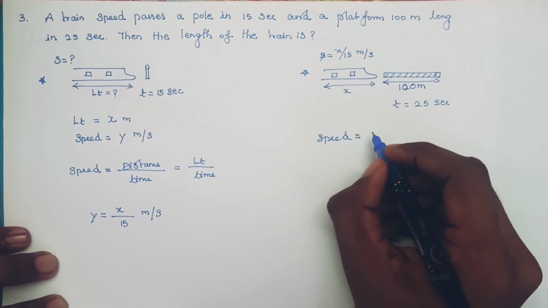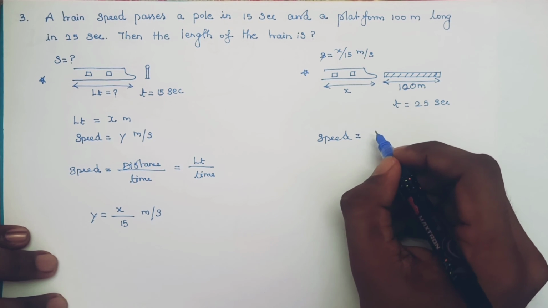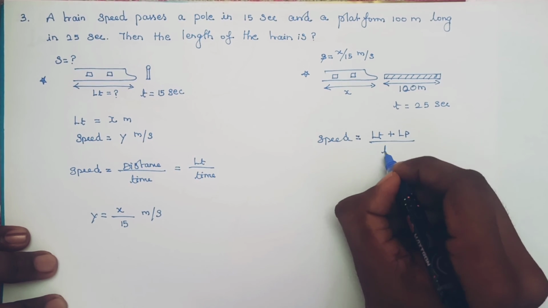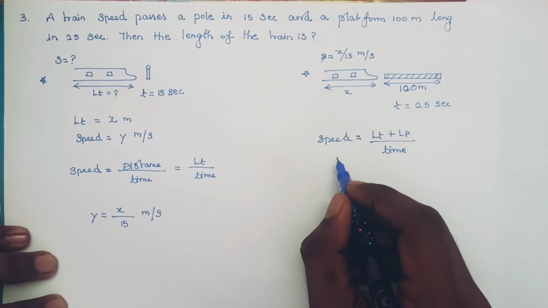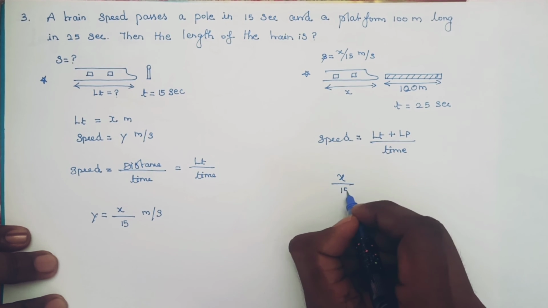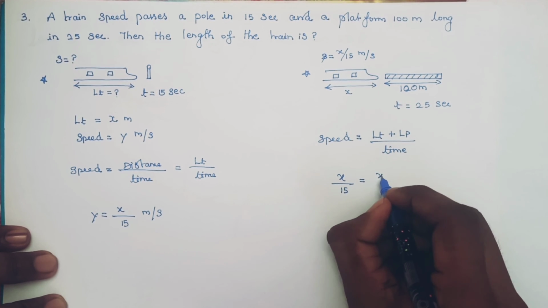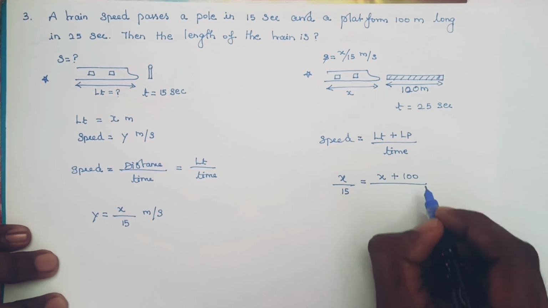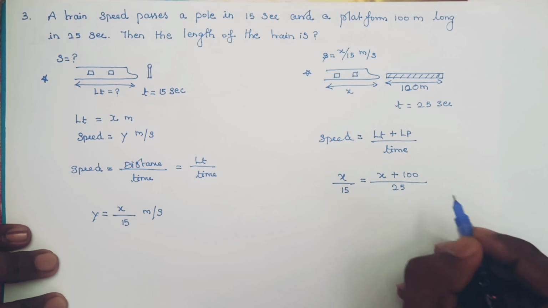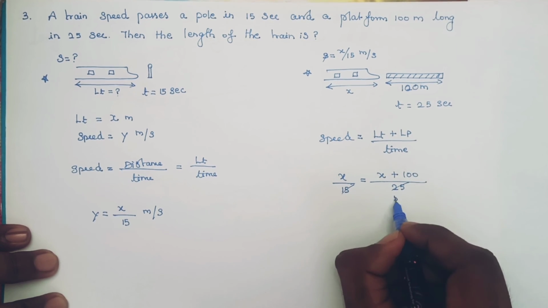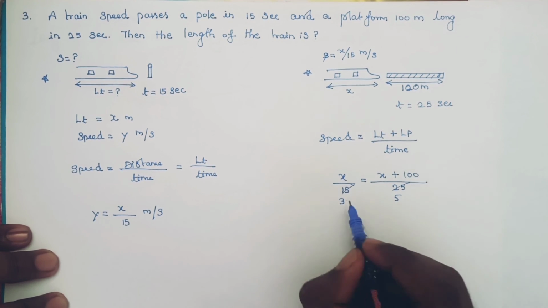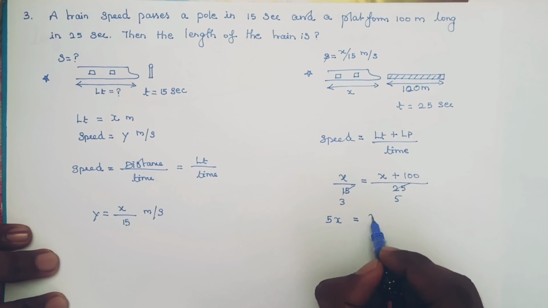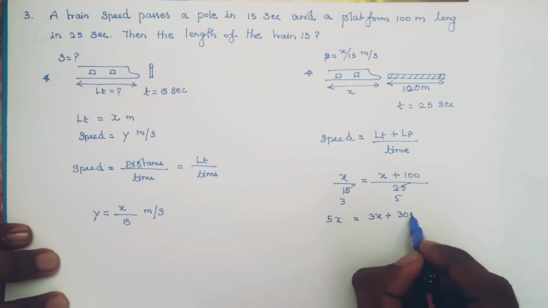Speed equals distance divided by time. The distance in the line method is length of the train plus length of the platform, divided by time. Here the speed is x by 15, equal to LT, considered as x, plus LP, 100, divided by time, 25 seconds. 5 5s are 25, 3 5s are 15, so 5x equals 3x plus 300.